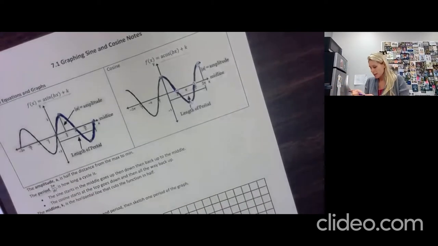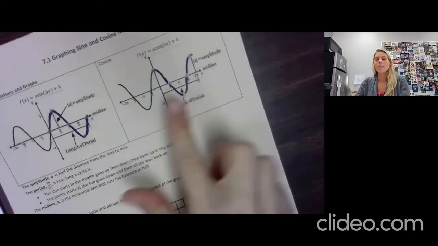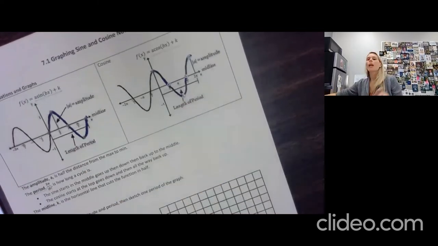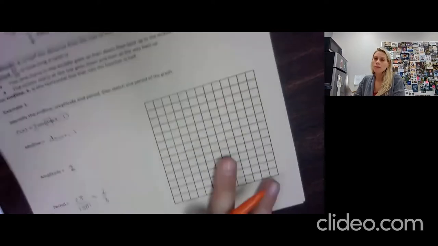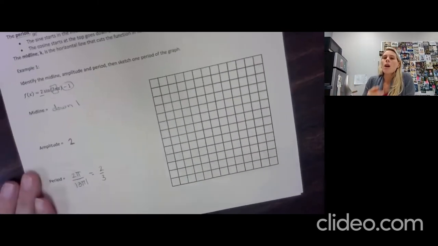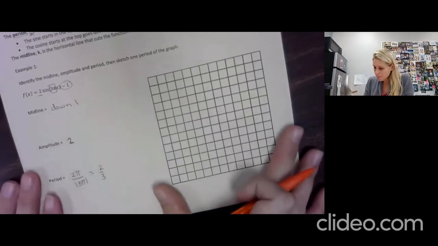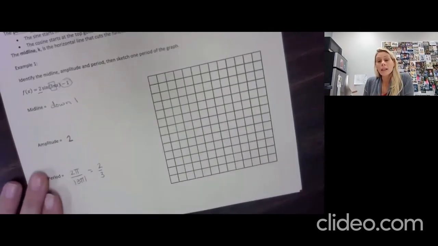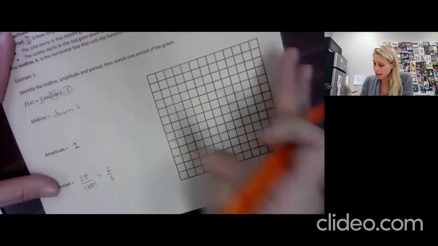And this, what I did purple here, is one period. I'm okay with you guys graphing one period, but in the future, like in 1060, you will have to graph 2 or more.